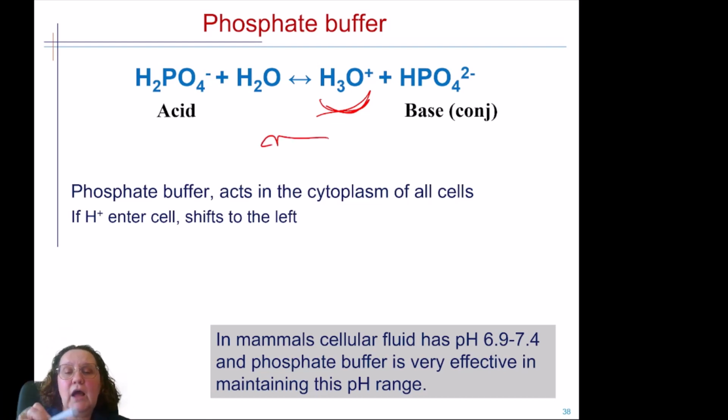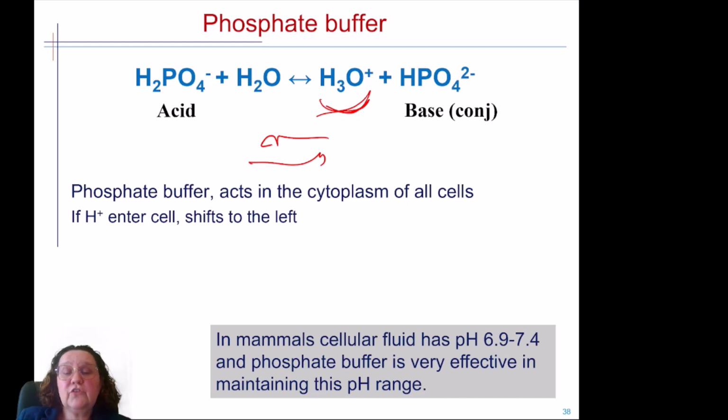And if you have either more water or perhaps hydroxyl ions that enter the cell, then the equilibrium will move to the right to consume that extra ones that you have added.